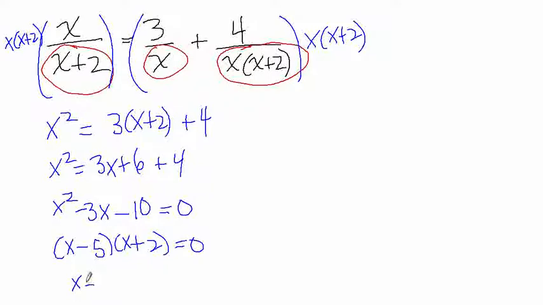So x equals 5 or x equals minus 2. Now, pause the video if you have to, but I'd like you to do the suggestion that I've been offering. Plug in both of these candidate solutions into the original equation and see what both sides of the equation evaluate to. Do that now, please.